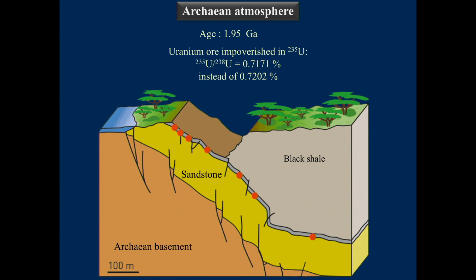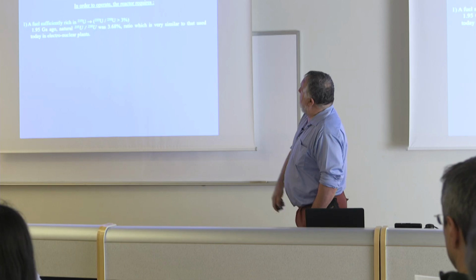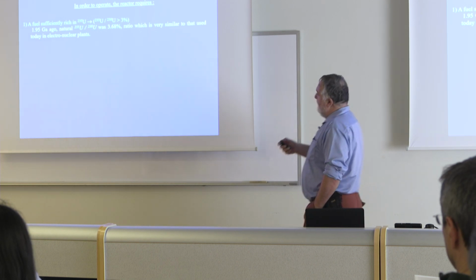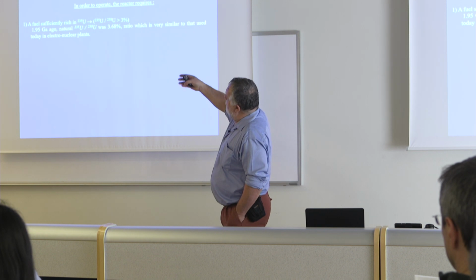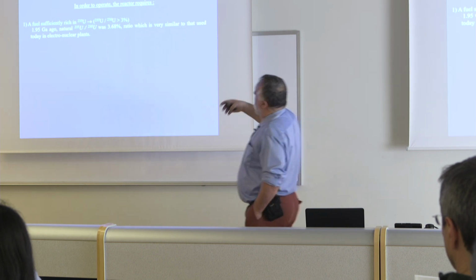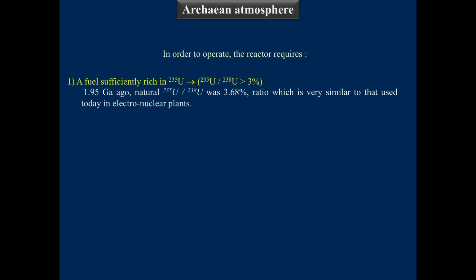So the conclusion was that there had been a natural atomic reactor in this area. In order to operate, this atomic reactor requires uranium sufficiently rich in the 235 isotope.